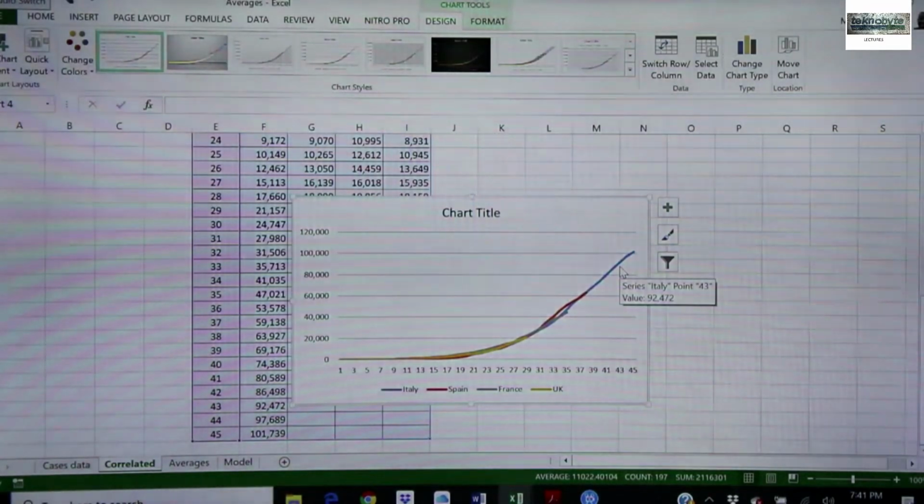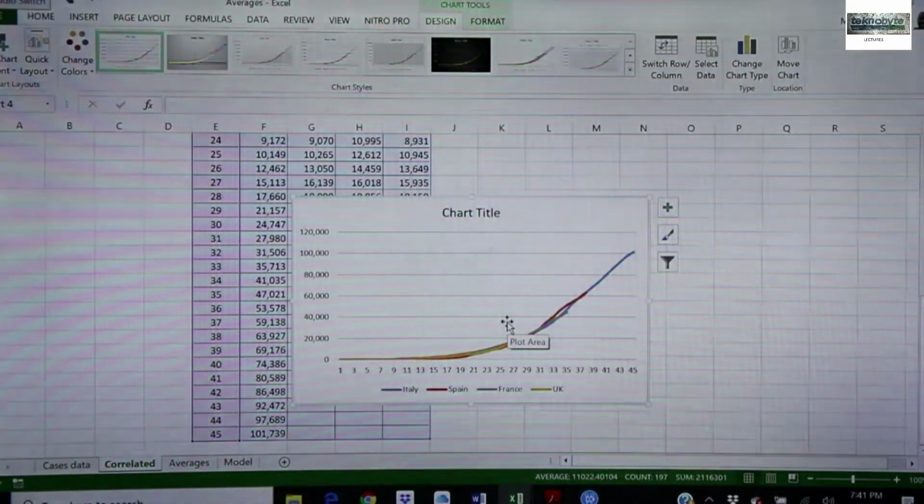And therefore, we can easily look at this trend, which is coming from the combined countries, as a do-nothing case, because by that time, maybe keeping distance was not being observed, washing of hands was not being observed. So this is actually the do-nothing curve, which is confirmed by the 4 countries.